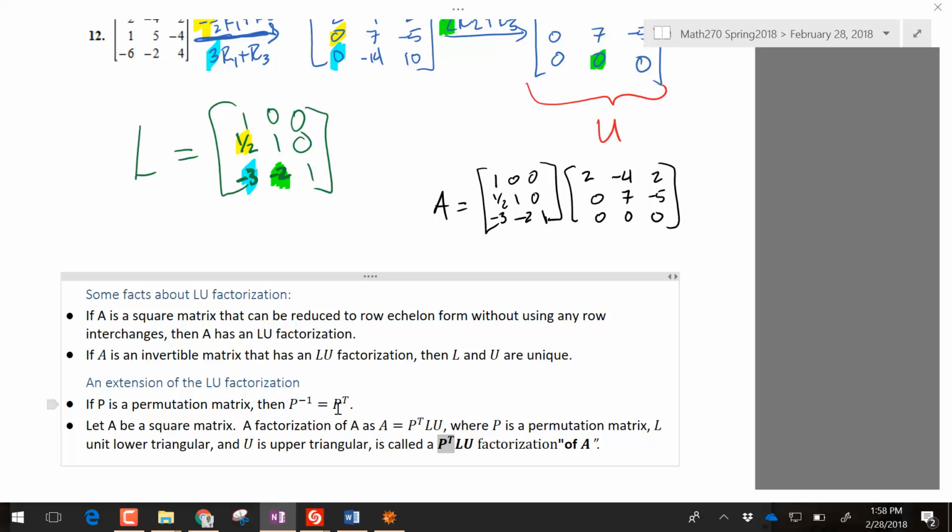So P is equal to P transpose, which is equal to P inverse.